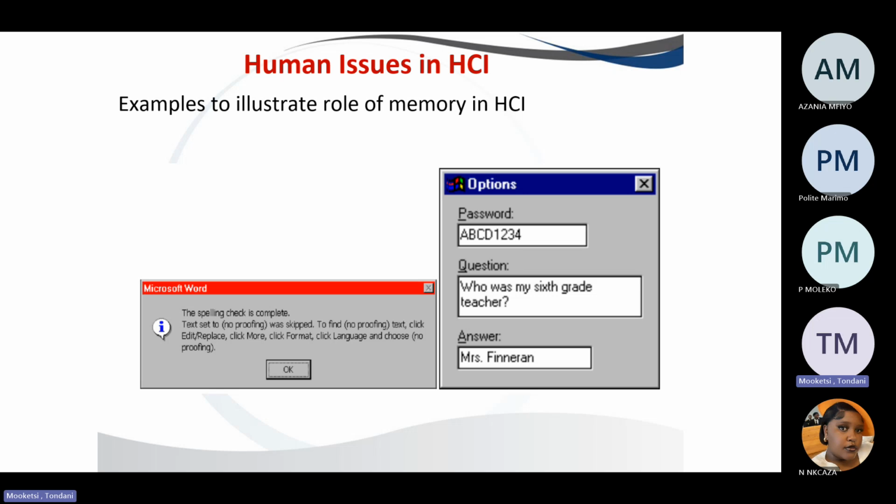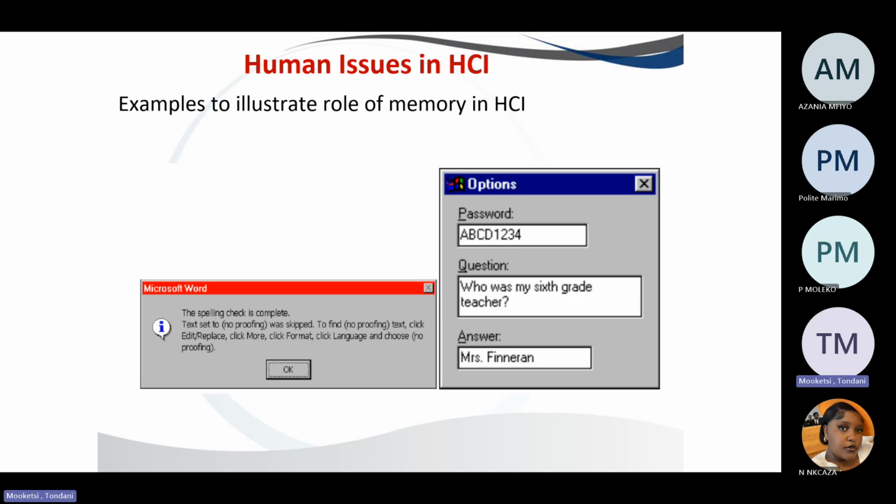You can clearly see that Windows doesn't look like this anymore. So the box on the left-hand side is an example pop-up that comes after you're doing spell check in Microsoft Word. The pop-up message just says the spelling check is complete.